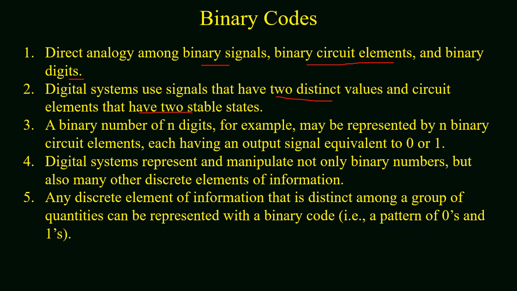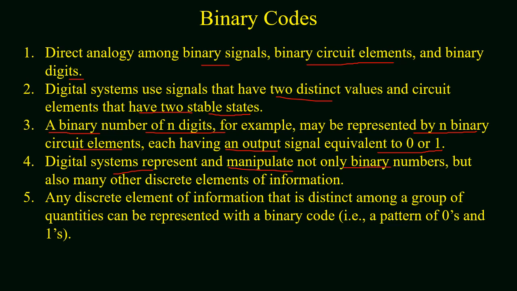Similarly, digital circuits have two stable states which are also represented by 0 or 1. So we can say that any binary number of n digits will require n binary circuit elements, and each circuit element can have a value of 0 or 1. And with this relation, we can use digital systems to represent and manipulate binary numbers.